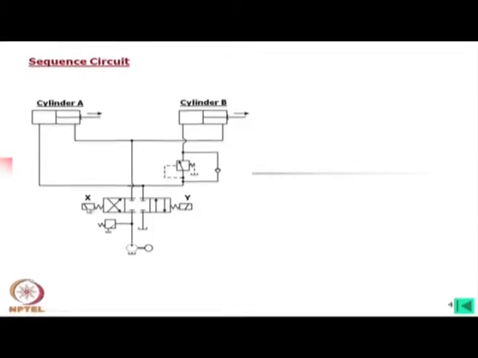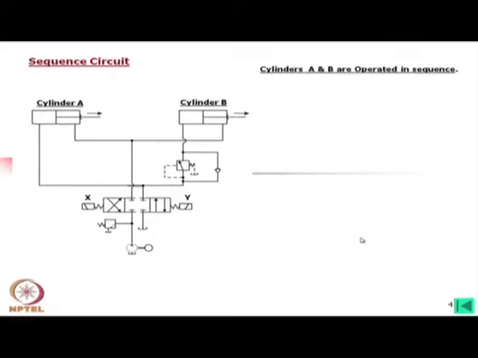We have solenoids on both sides, and springs on both sides, that means it is spring centered. Now, this straight connection, when we are on the right side, is connected to both cylinders' rod end side, whereas for the cross connection the pump will be connected to the other side, that means the piston side. Okay.